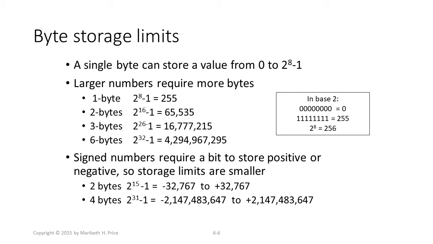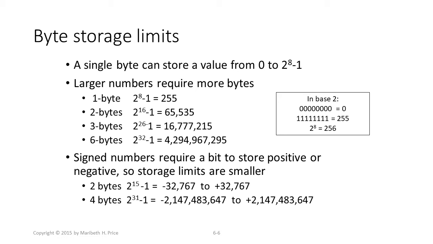What does that mean? Well, it means 256. So when we look at large numbers, they require more bytes. If you're at 255, that's 1 byte. If you're at 65,000, 2 bytes, 16 million, 3 bytes, etc.